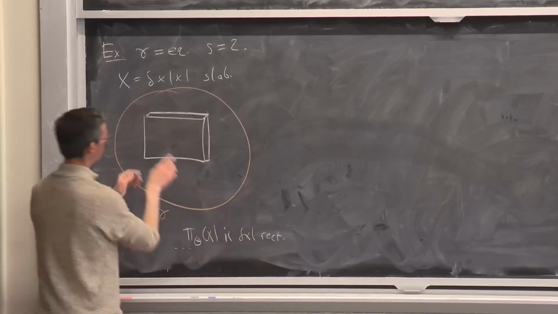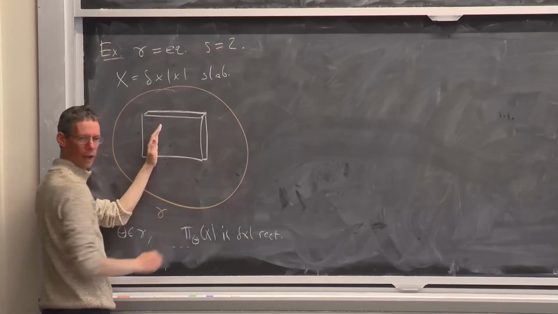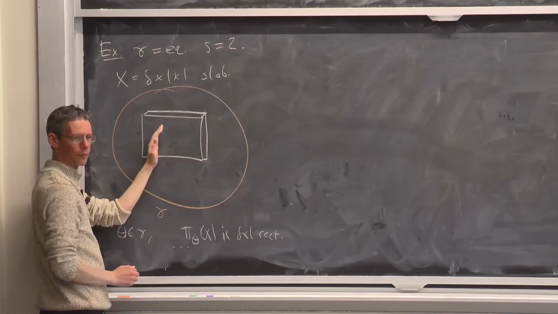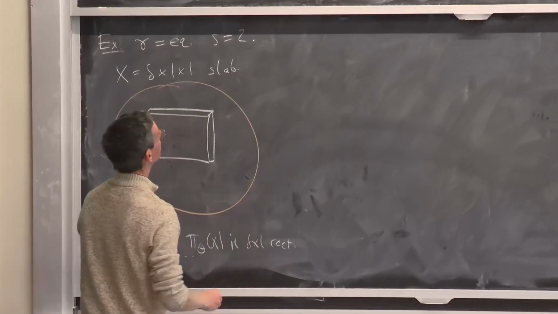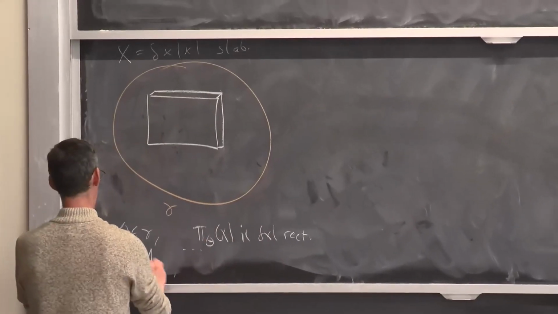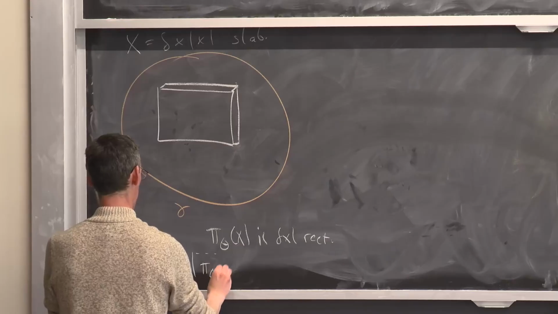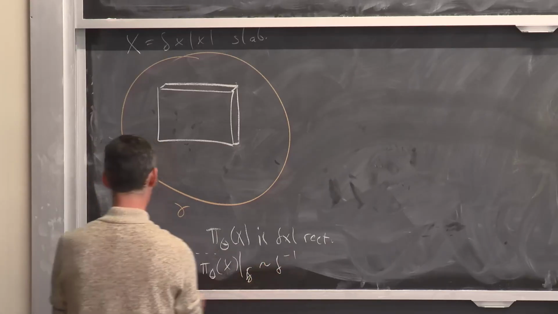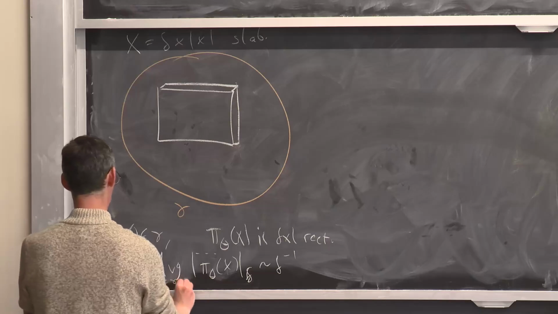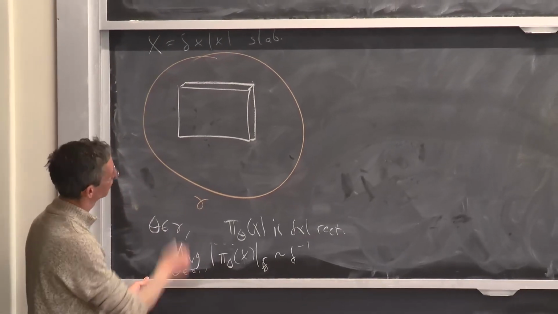And so there's a circle of directions where if you project this slab, you just get a delta by 1 rectangle. OK, so then we see that the average delta covering number of pi theta of X is like delta inverse.